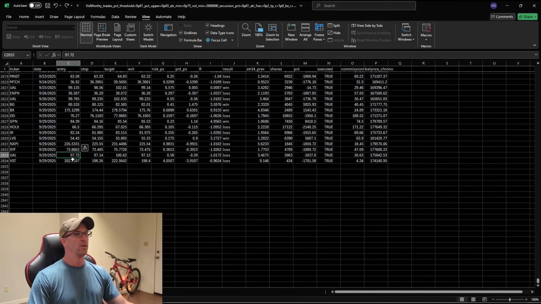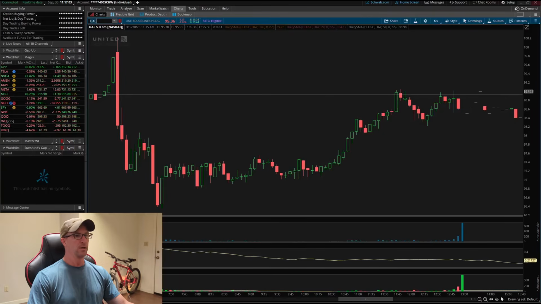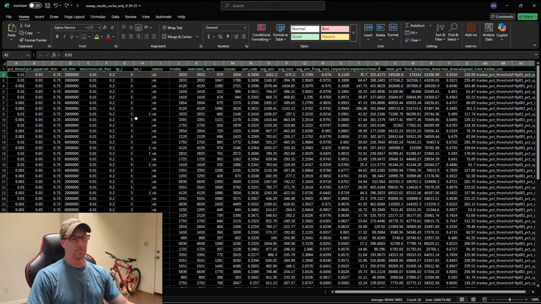Okay, there you go. So 97.72. The stop is 97.14, and our exit is 97.13. You can see that rather than doing the magical, hey, look at this, it's a great opening range reversal, it rolls over and stops us out right here on this candle.